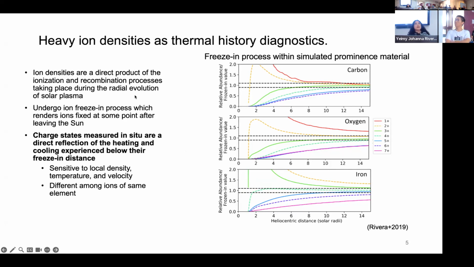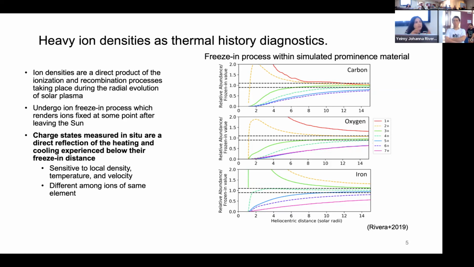And so what happens is that they undergo what's been called the freeze-in process. As we saw before, there's huge expansion that happens in the structure, in the coronal mass ejection, early on in its evolution. That causes the density of the plasma to go down very, very quickly.